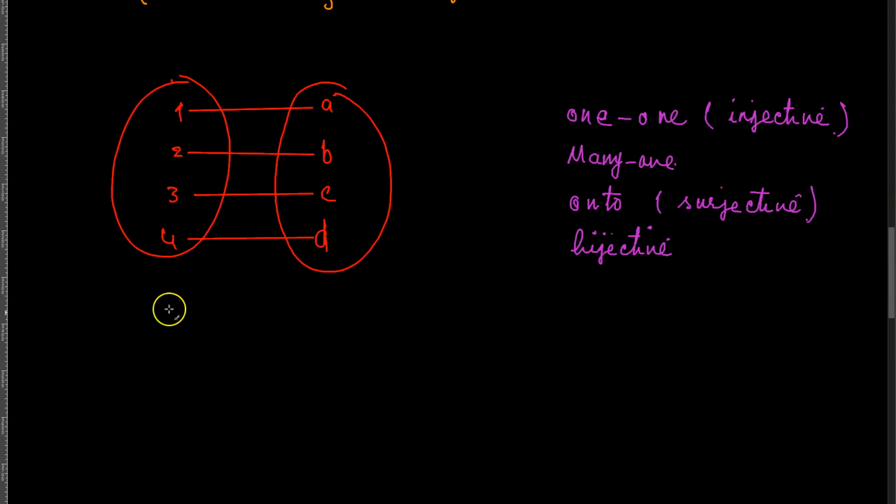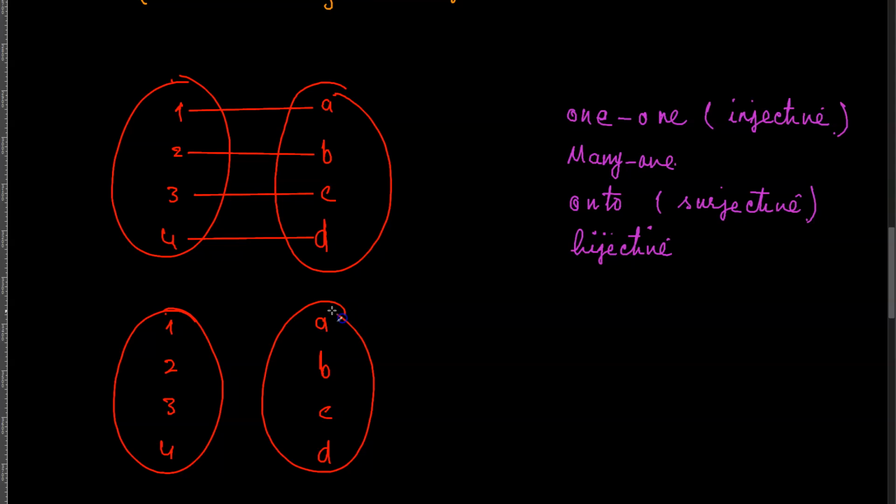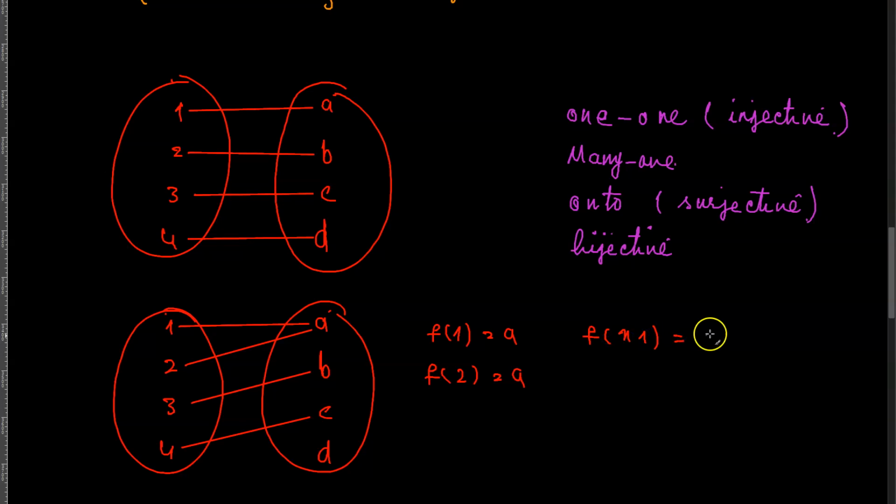But if I have the same two sets, and I do the mapping this way, now you can see that f of 1 is equal to A, and also f of 2 is equal to A. If I take x1 and x2, I can write f of x1 is equal to f of x2 is equal to A, where x1 is equal to 1 and x2 is equal to 2, which means that x1 is not equal to x2.